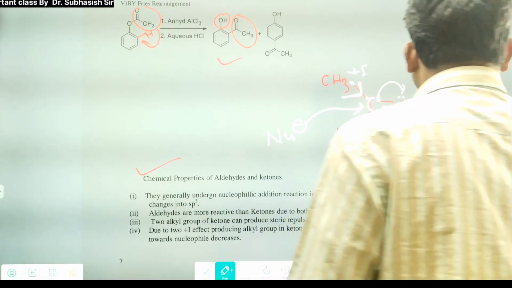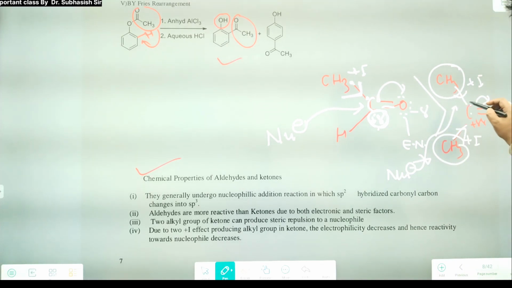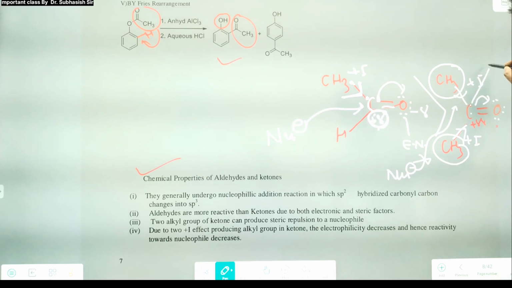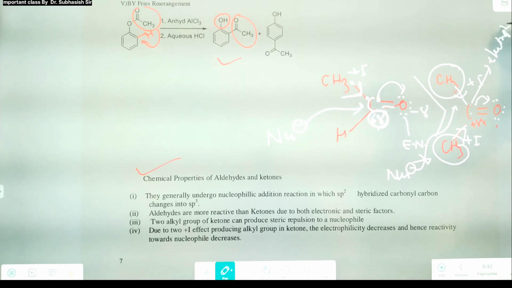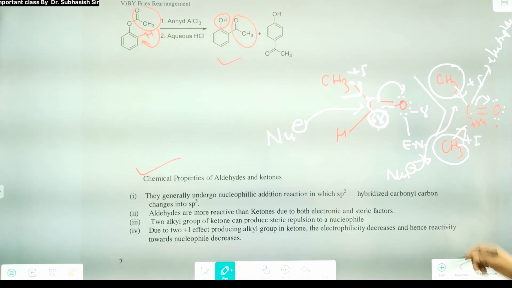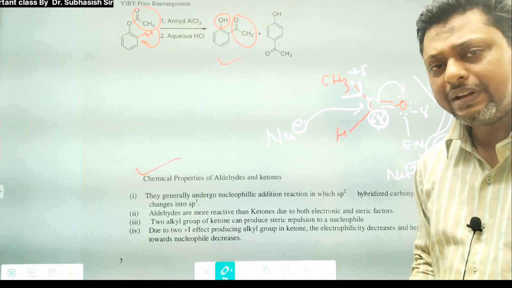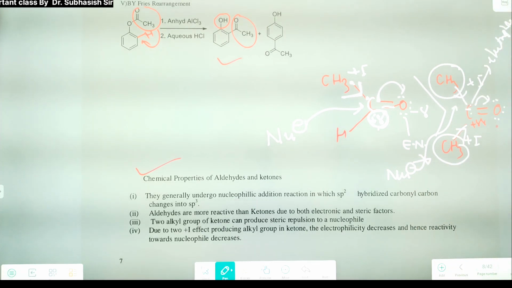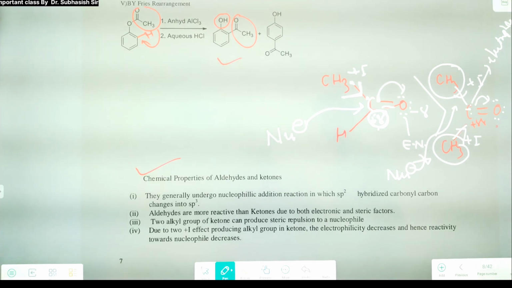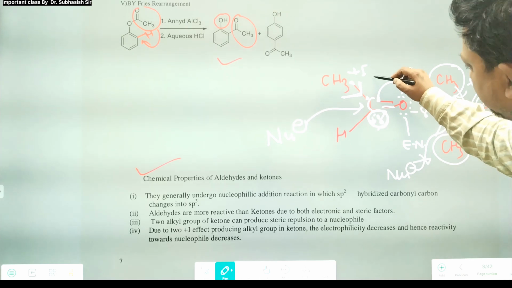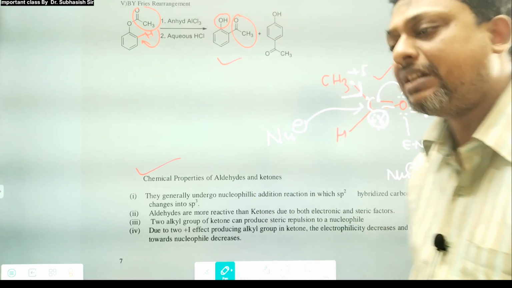If big groups are present, then the nucleophile will not find a suitable path to enter this electrophilic center. This center is called the electrophilic center. Anyway, nucleophilic addition will occur in case of ketone, but to a lesser extent as compared with aldehyde. So the rate of the reaction will always be greater for aldehyde as compared to ketone.